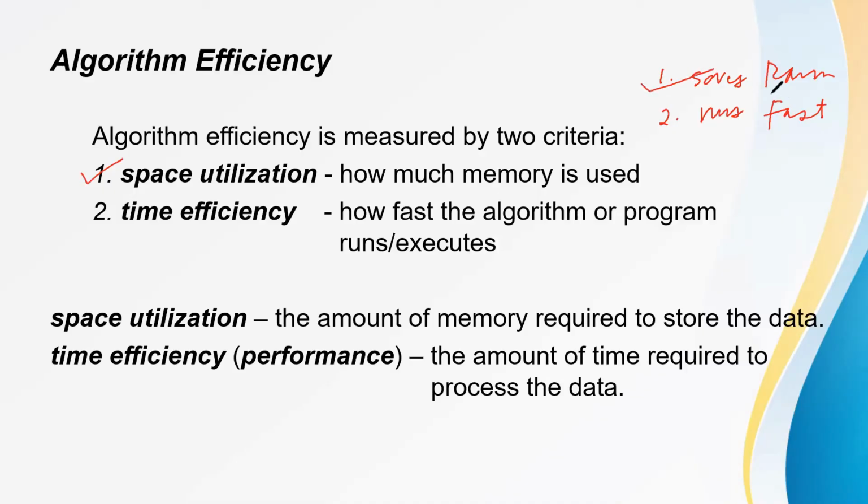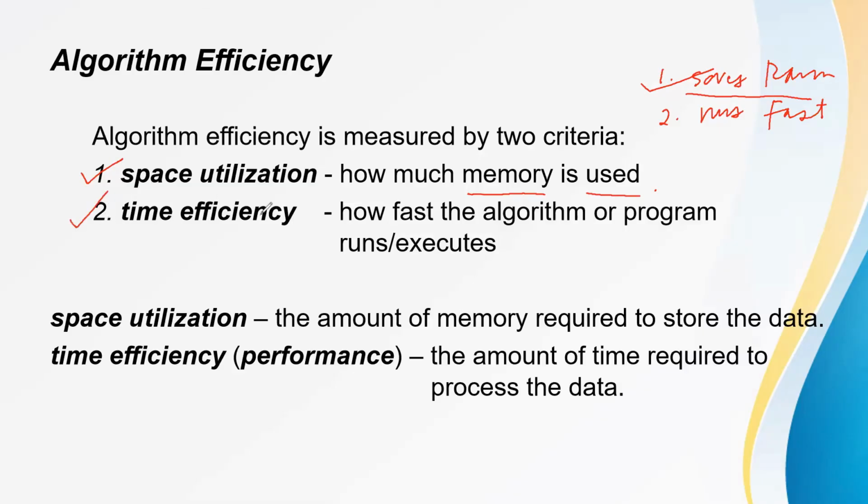So we have here a term called space utilization that refers to this one, saves RAM, right? Space utilization refers to how much RAM or memory space is used by the algorithm or program, okay? So the lesser the memory space used by the program or algorithm, the better.